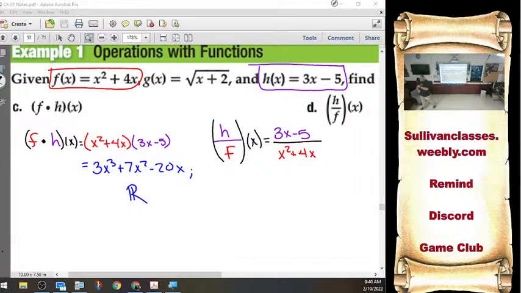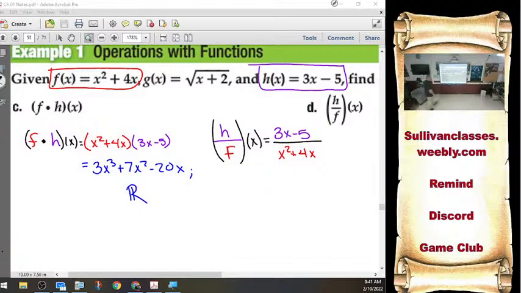I have a rational function. What should I be very careful about, Carter? Whenever I see a rational function, I should be very, very careful. Not only divide by 0 for my domain, but is this even the simplified form?